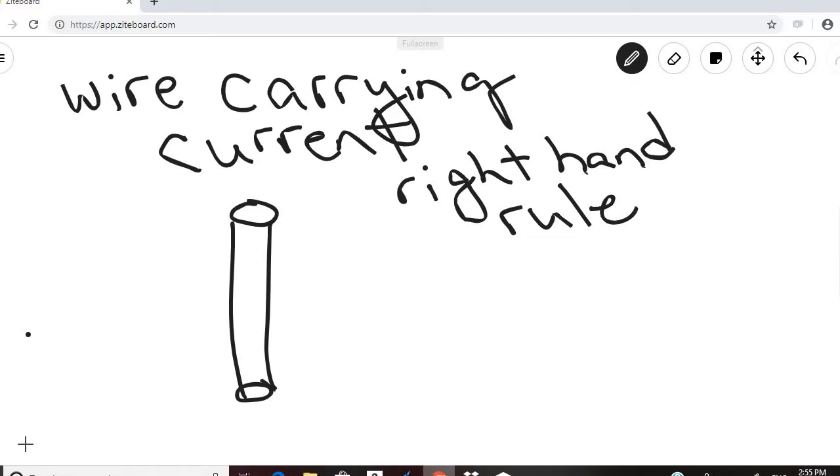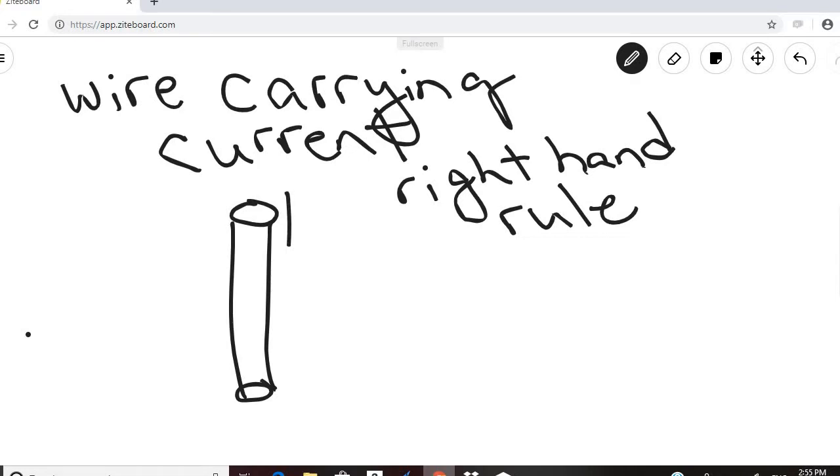With the right-hand rule, you point your thumb in the direction of the current.